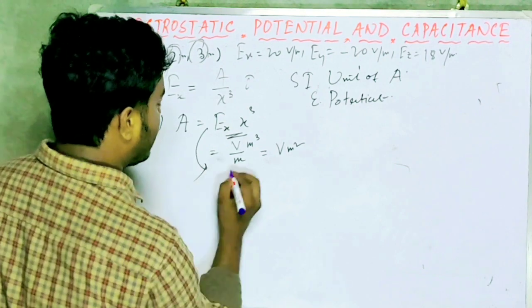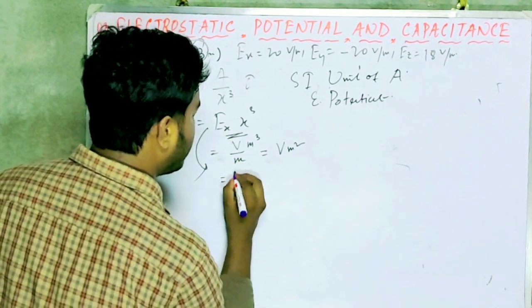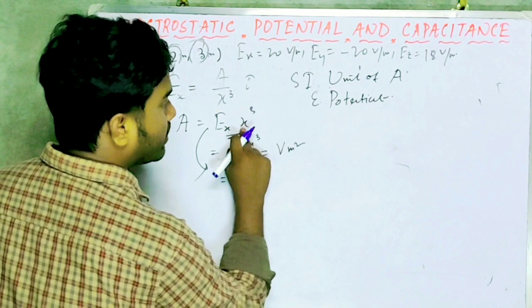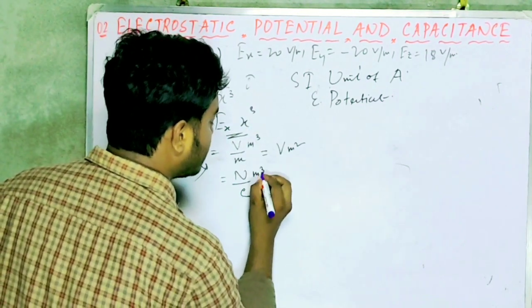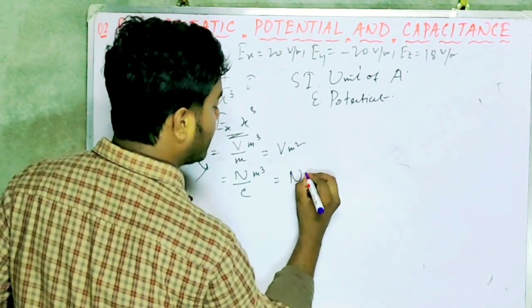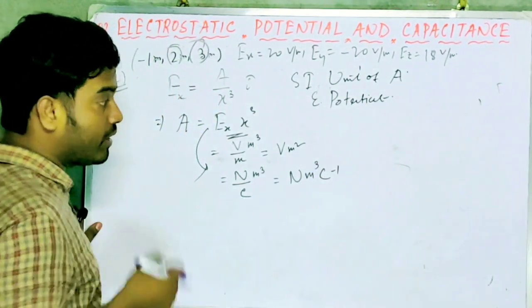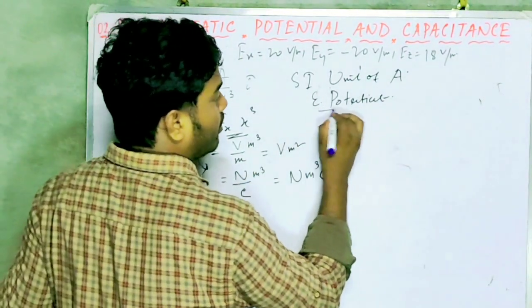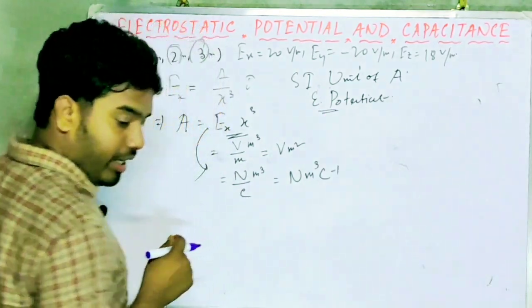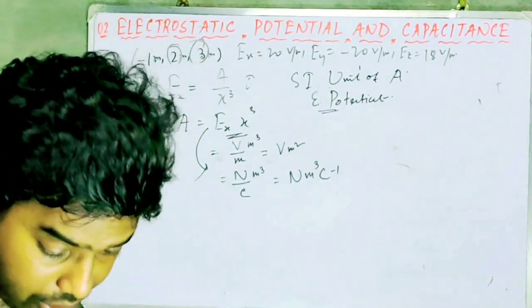Similarly, if you write electric field Ex with unit Newton per Coulomb, and x cube as meter cube, this unit will be Newton meter cube Coulomb to the power minus 1. Clear?